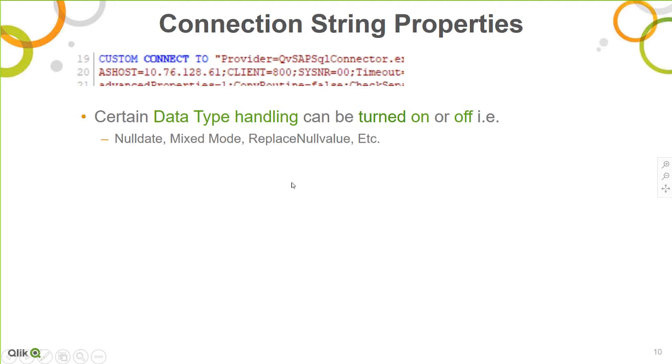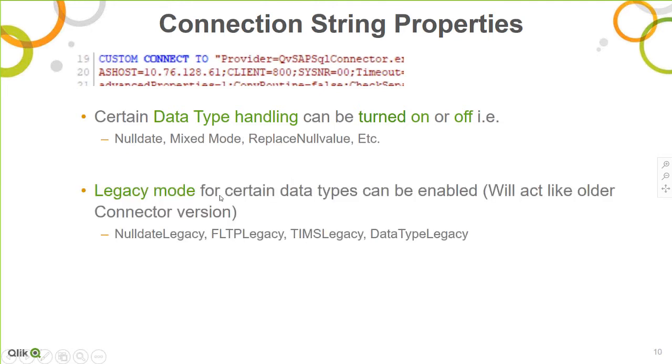But I will show you that in a demonstration. You can use legacy mode for certain data types, and as mentioned before, it will act like the older connector version. For instance, when you are on 5.8 and use FLTP and now you upgrade to 6.6, the data looks different. You can turn on the legacy mode to have the old behavior.